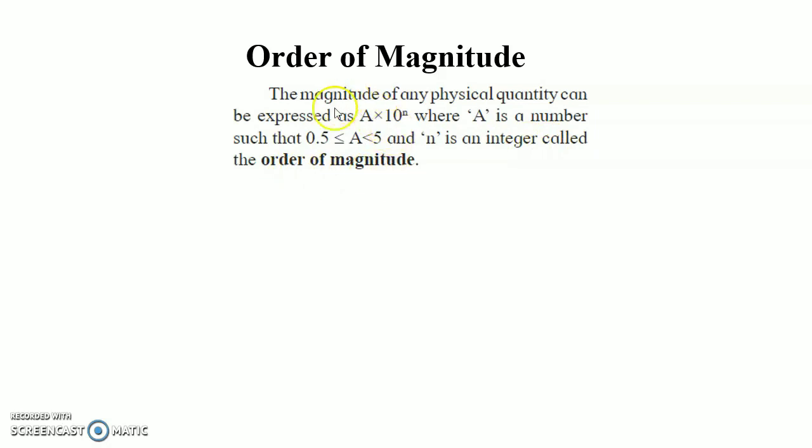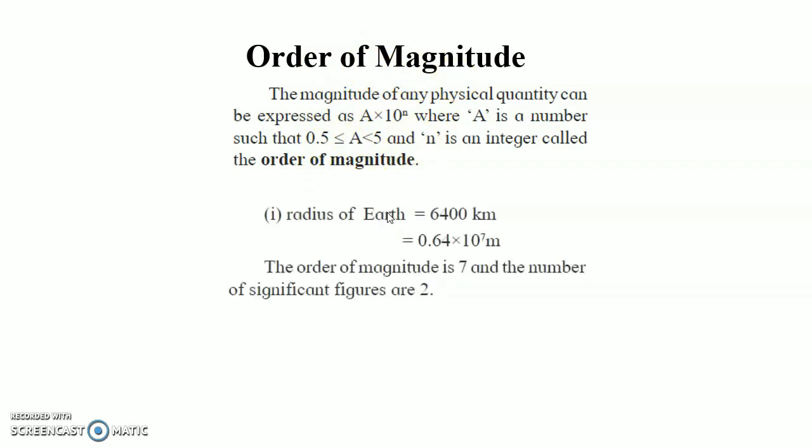Now let us understand this definition of order of magnitude by giving a few examples. The radius of the earth is equal to 6,400 kilometers. You have to write this number in the form of A into 10 raised to n to determine the order of magnitude, and A should be between 5 and 0.5.